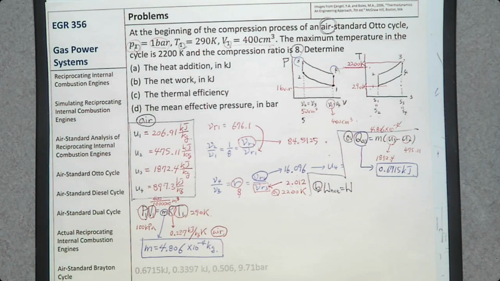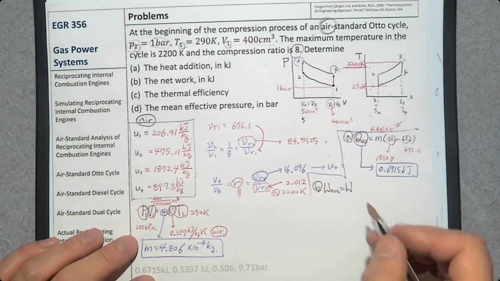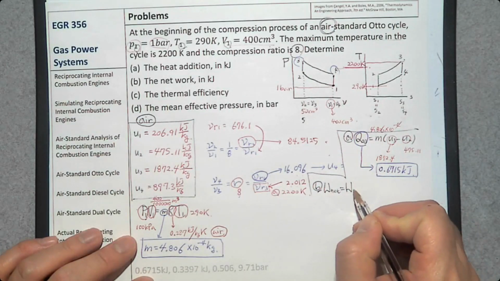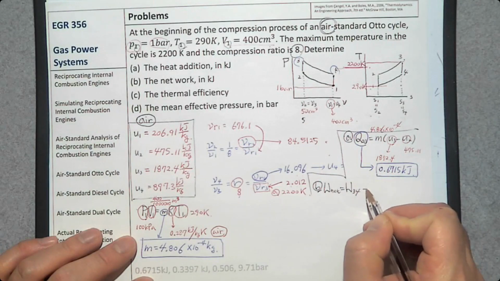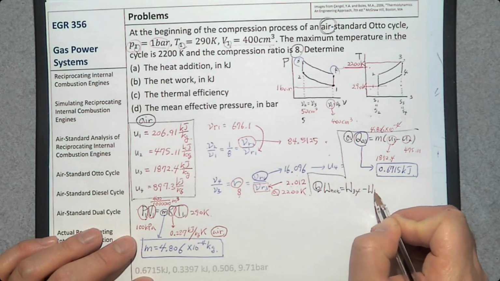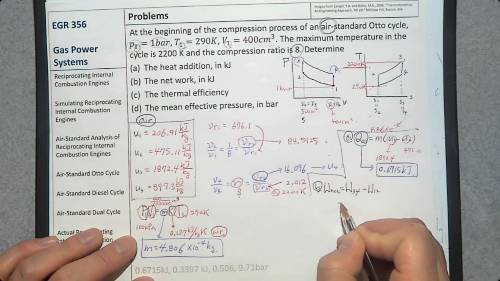This is the expansion process. This is the compression process. We produce work when we expand. We consume work when we compress. So this is W34 minus W12. So what is W34?